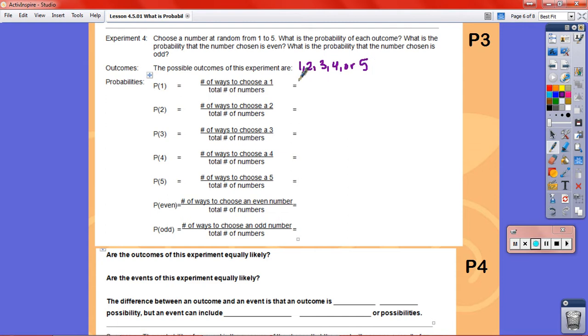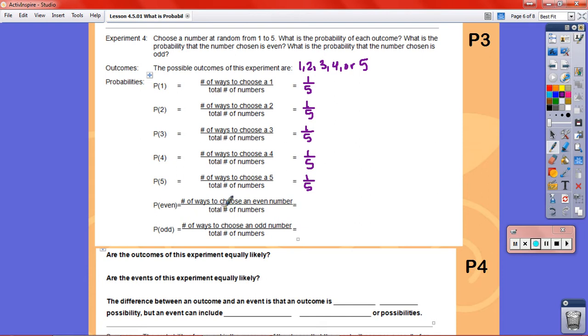So there are 5 total numbers, and 1 is just one option out of the 5, 1 out of 5. 2 is another option out of the 5. You could get a 3. There's only 1 3. There's 1 4, and then there's 1 5. So there's a 1/5 chance of drawing any one number.